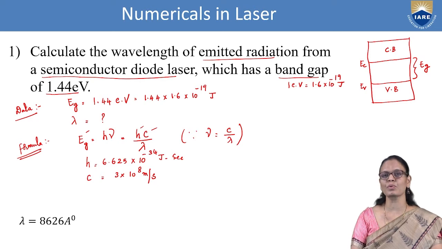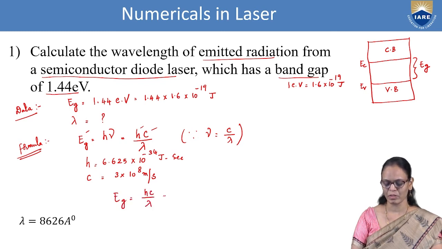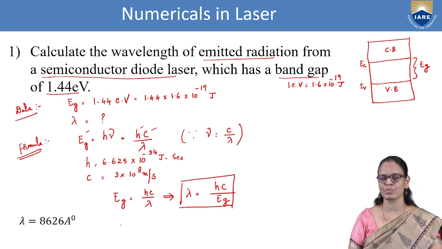So let us substitute these values in the formula. Eg is equal to hc by lambda, which implies lambda will be equal to hc upon Eg. So we will use this formula now and do the substitution.